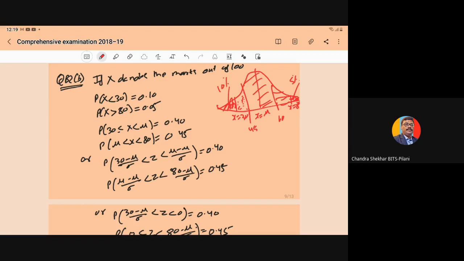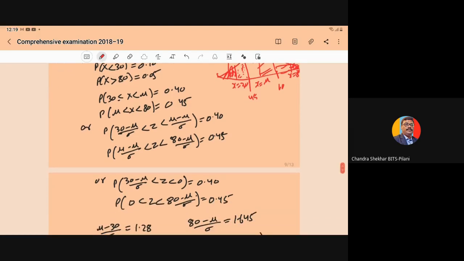So less than mu and greater than mu, we have the same probability, 0.5 and 0.5. So here probability x lies between 30 to mu will become 0.50 minus 0.10, that is 0.40, and marks between mu to 80 will become 0.50 minus 0.05, that is 0.45.